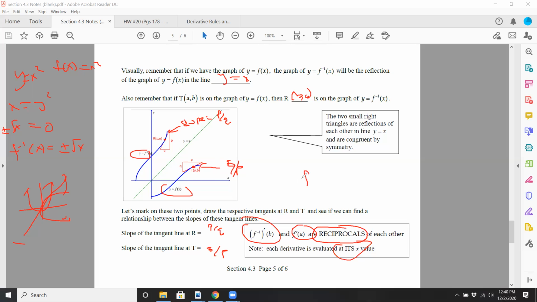So essentially, f prime of a will be 1 over the derivative of f inverse at b. Because remember, that was q over p, and that's 1 over p over q, which flips over to q over p.